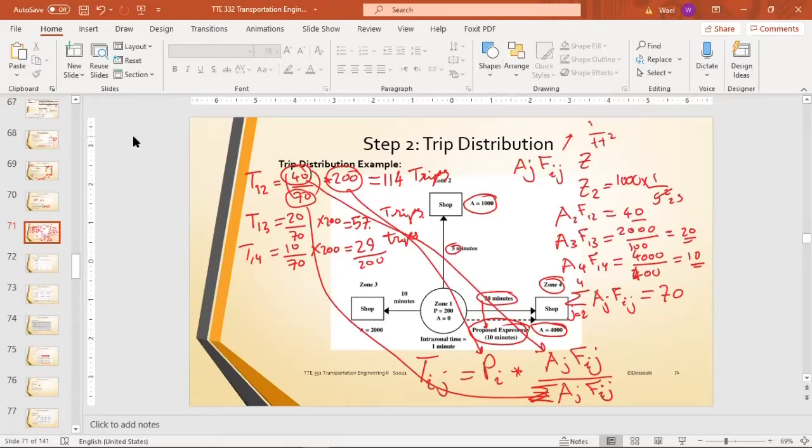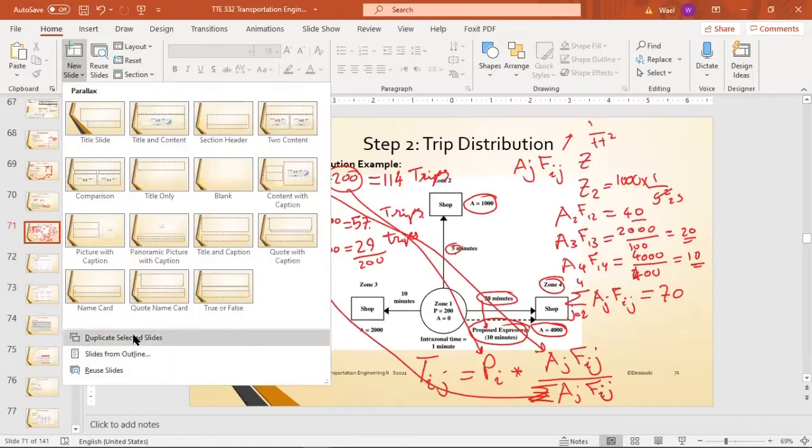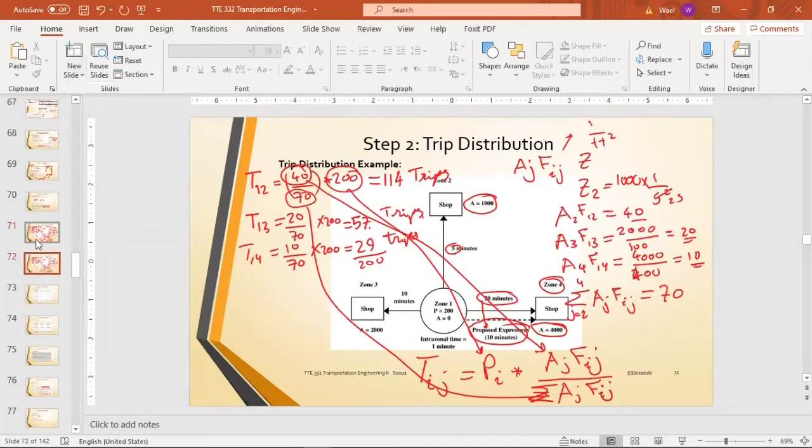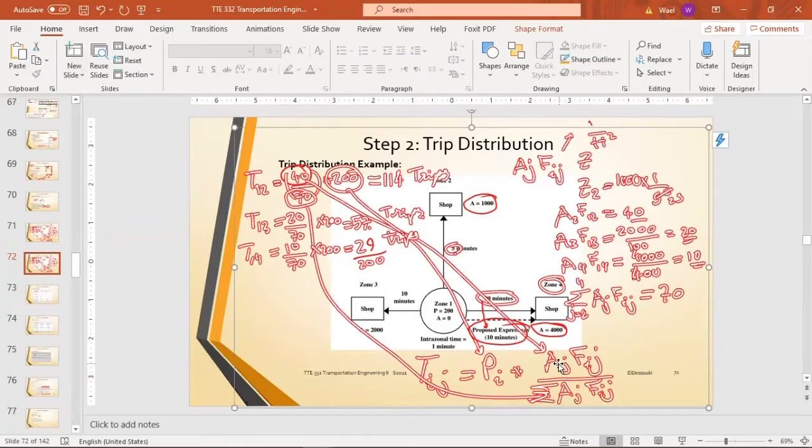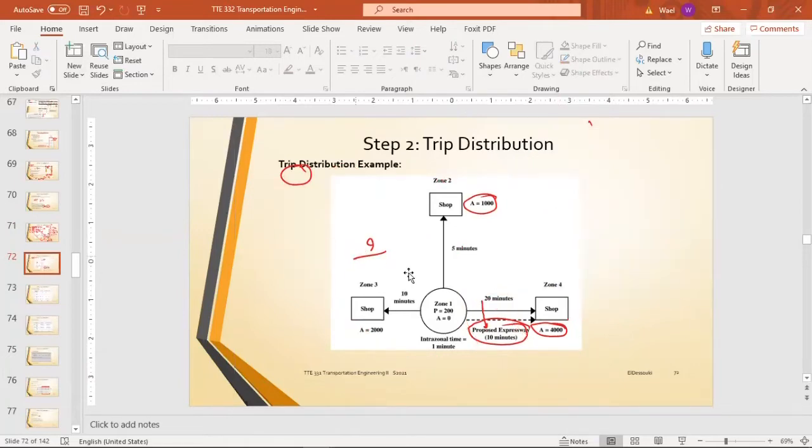In order to do that, let's just reiterate on the problem again and solve it again. Let me just erase some of these.